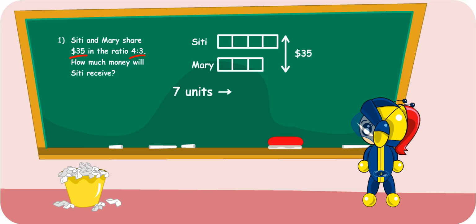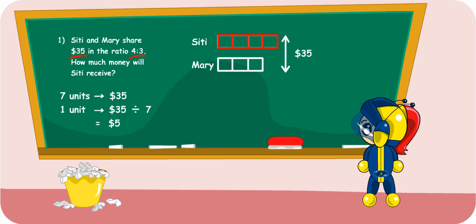So, 7 units represent $35. 1 unit represents $35 divided by 7, which is $5. Since Siti has 4 units, 4 units will represent 4 times $5, which is $20.